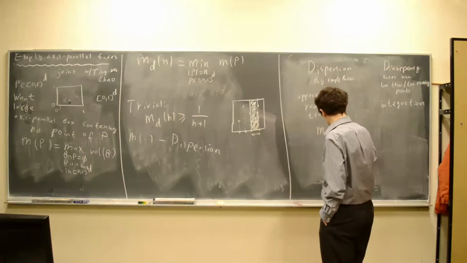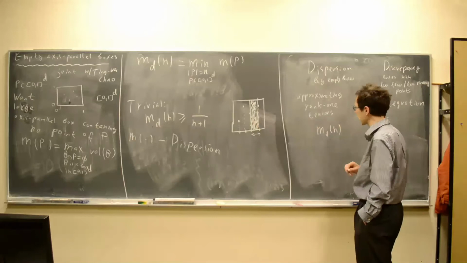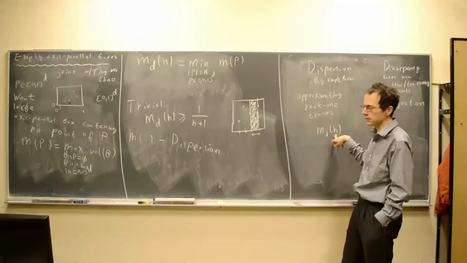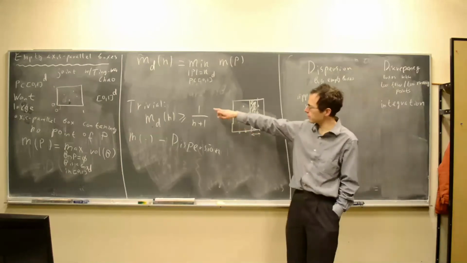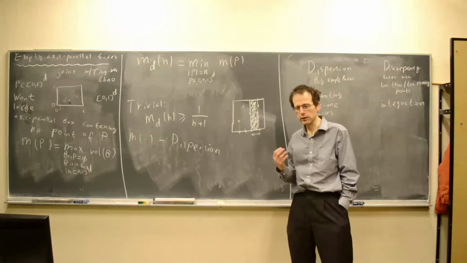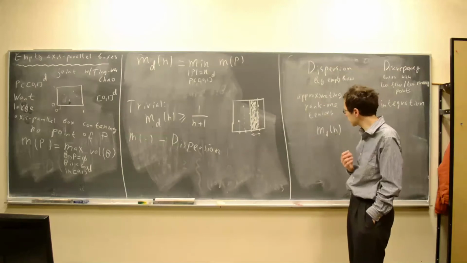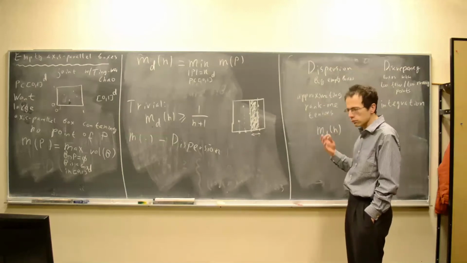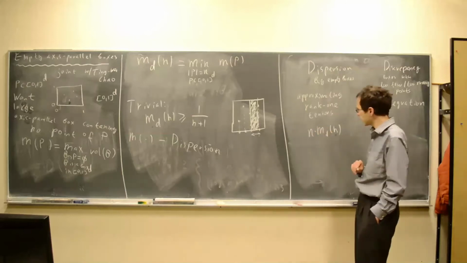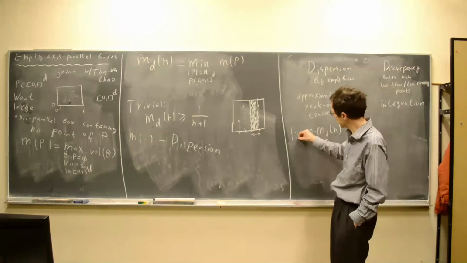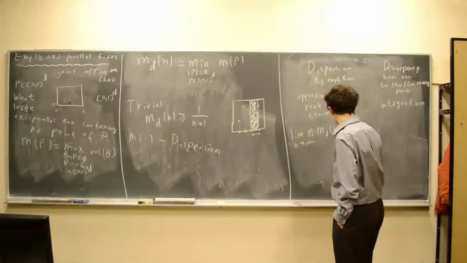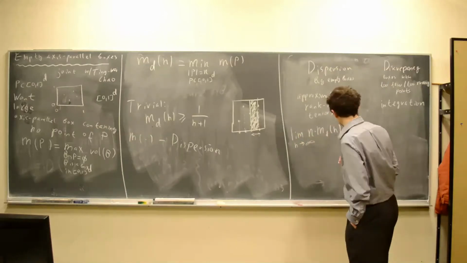It's not the only thing you could look at, but this is what I'll focus on: how it behaves as n gets bigger. Well, it's got to decay at least like 1 over n. And it turns out, and hopefully I'll be able to explain a little bit, that it does decay just like 1 over n. So I'm going to multiply it by n and look at the limit of this as n goes to infinity. I will denote this limit by c sub d.